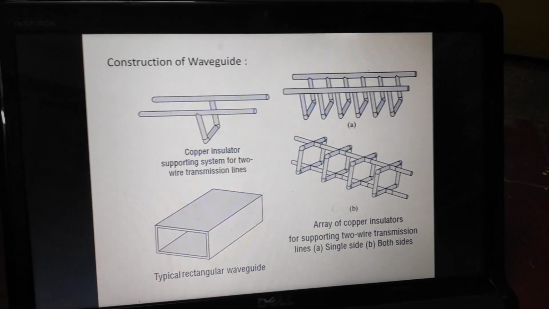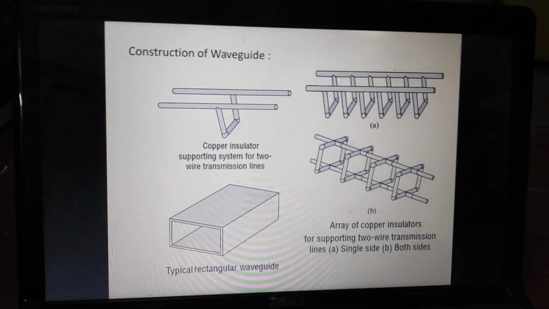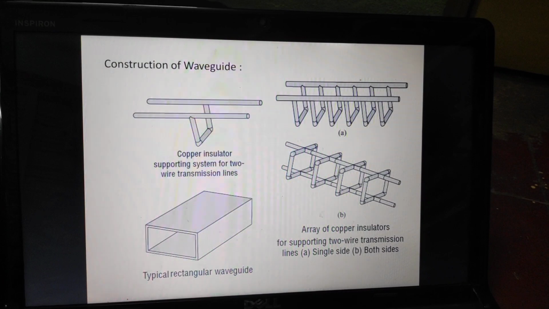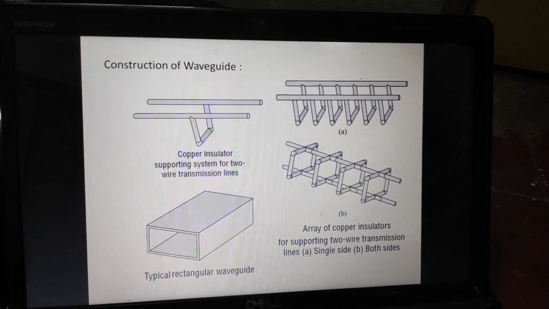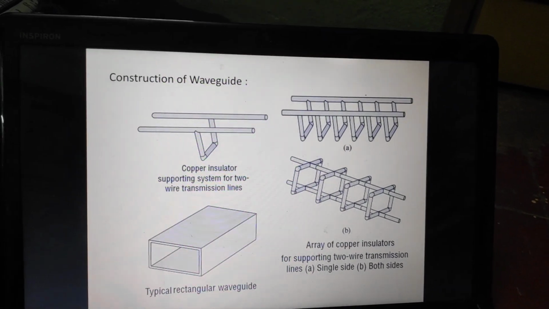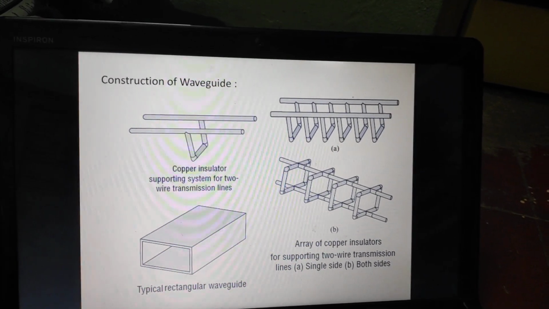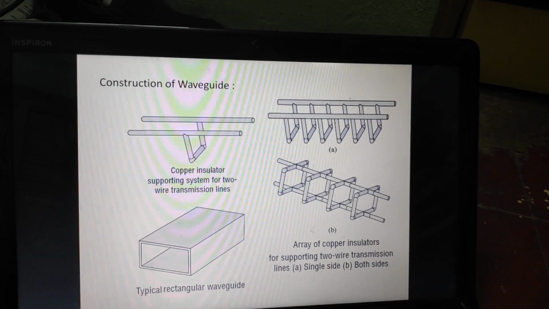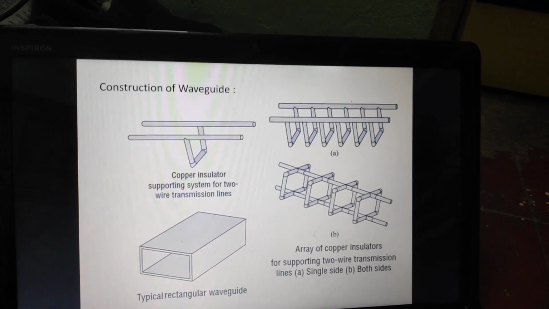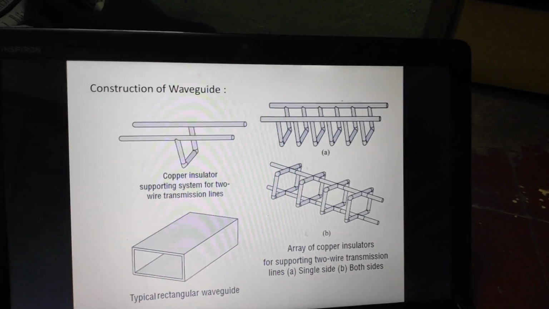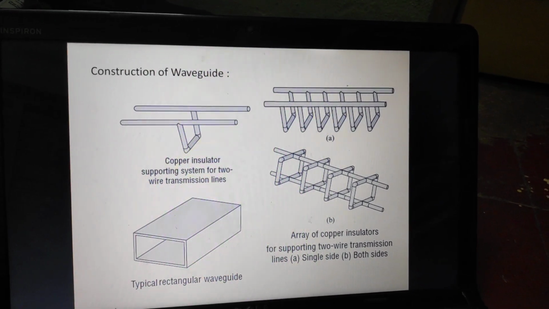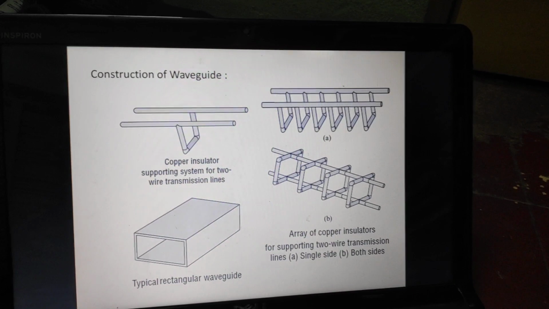In the first diagram you can see a parallel wire line connected along with a stub. If this setup is repeated again and again, you will have multiple sections. Once there are multiple sections, you are confining the transmission line to a specific area. Repeat the process on both sides, in the top portion as well as the bottom portion.